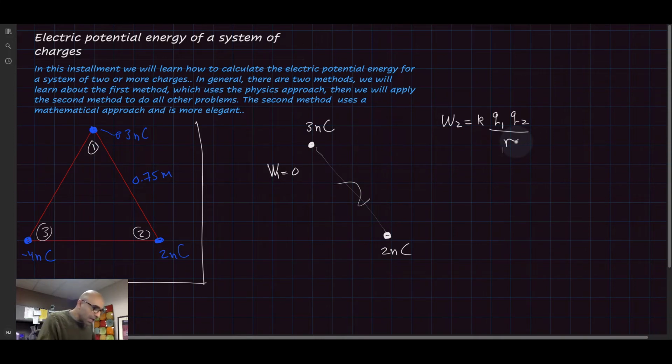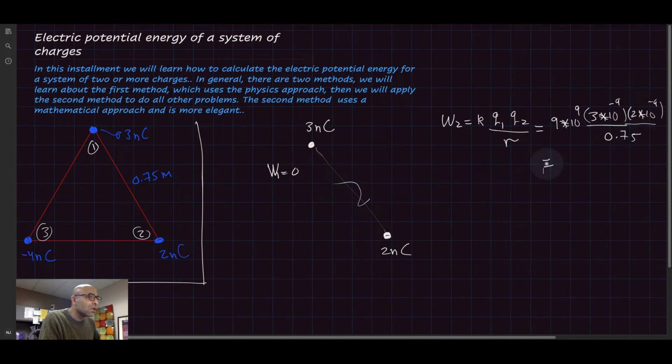Okay? And if we plug in the numbers here, that's 9 times 10 to the power 9. Q1 is 3 nanocoulomb, so 3 times 10 to the minus 9, times this one, which is the other charge that we brought from infinity, 2 nanocoulomb, 2 times 10 to the minus 9 coulomb, and divide by the distance between them, 0.75.